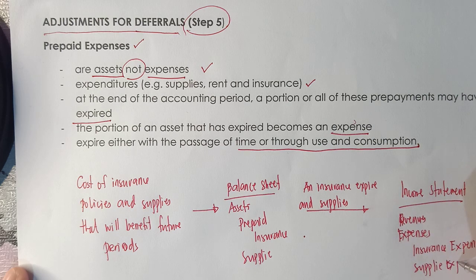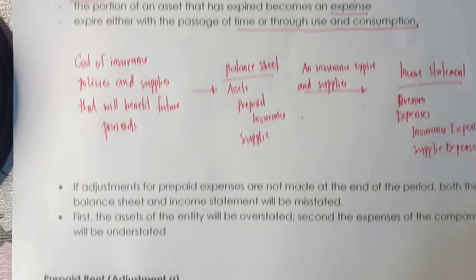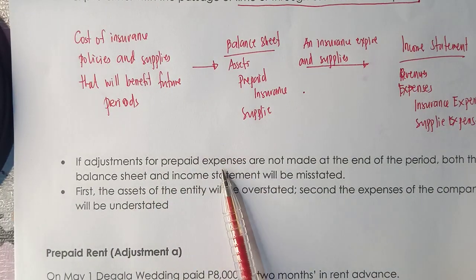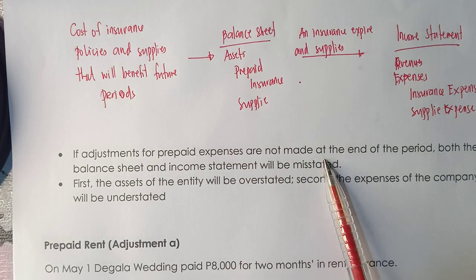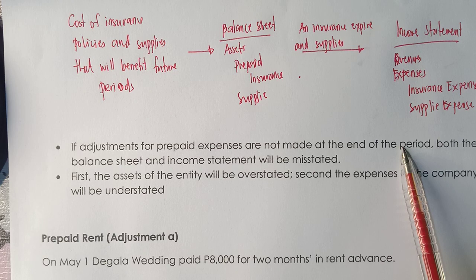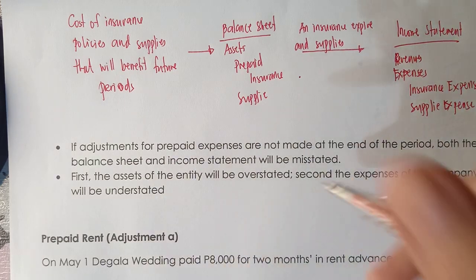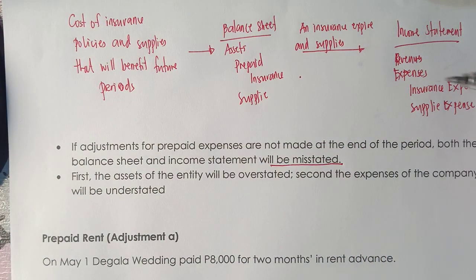Okay. Now, if adjustments for prepaid expenses are not made, so when we do not adjust at the end of the period, what will happen? Both the balance sheet and the income statement will be misstated.